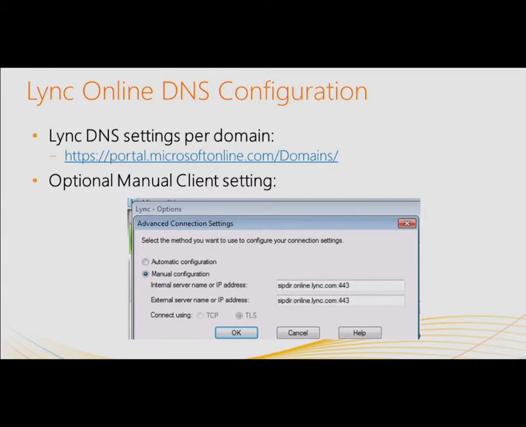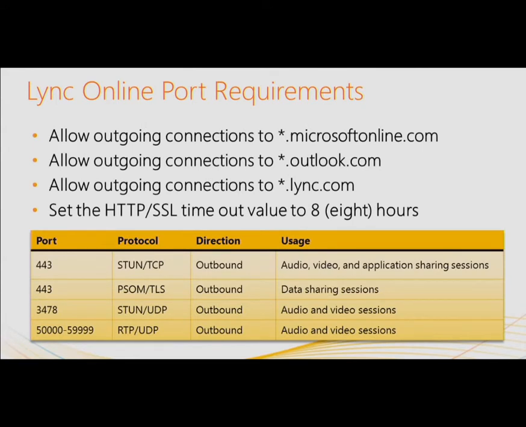Okay, so first piece is setting up DNS in your network in place. So we ran the tool. We know which ports are open, which ports are not. You simply can open the ports from there. But if you want a reference as to which are different ports that you need, it's really handy to remember these. So, 443, that's SSL, it's used for STUN, TCP, and it's going to be used for audio, video, and application sharing sessions.